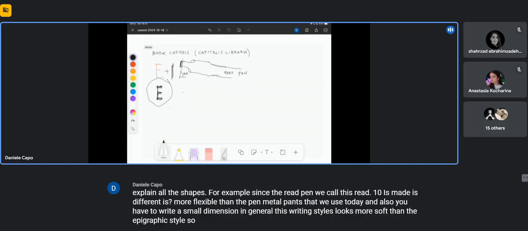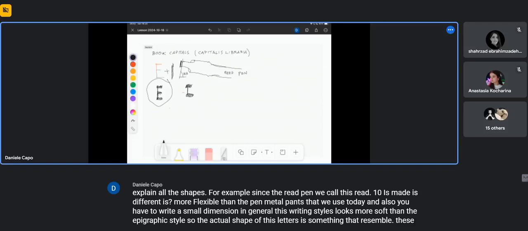So the actual shape of these letters is something that resembles this.